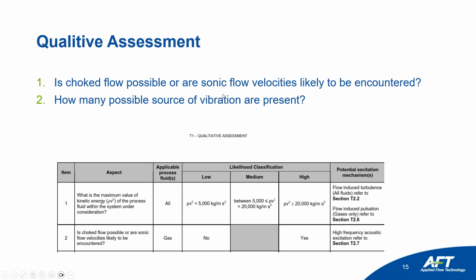Then we ask another question: how many possible sources of vibration are present? Because the discontinuities can be effective for more than one source of vibration. How many discontinuities are present? Because we have to calculate the LOF for as many discontinuities as we have in the system.